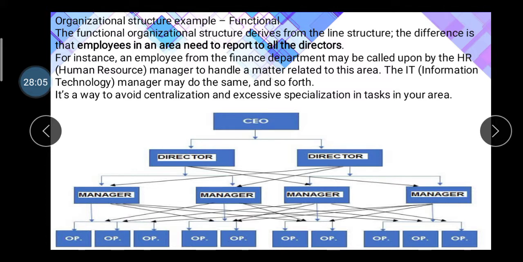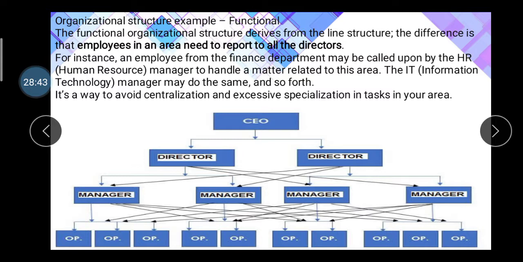So it's a way to avoid centralization and excessive specialization of tasks in your area. Here the finance manager takes decisions not only for the finance department, but if he or she has the power and skill, they also take decisions for the HR department and the marketing department, and always for all the departments. This is one benefit for the organization, to reduce centralization and take decisions in the best and most specific manner.